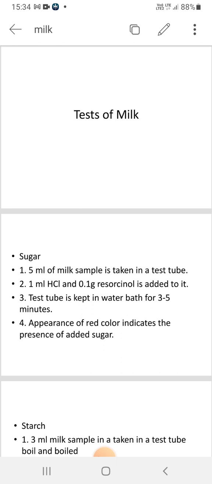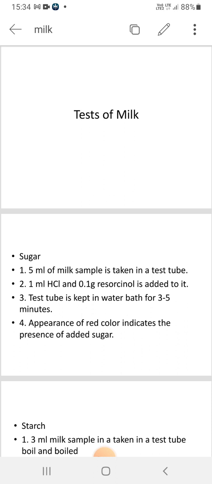but there are so many adulterants which are added to milk to increase its quantity or to increase its shelf value, or for so many other reasons. There are so many adulterants which are added to the milk, like the urea is added to fake the protein value of milk.